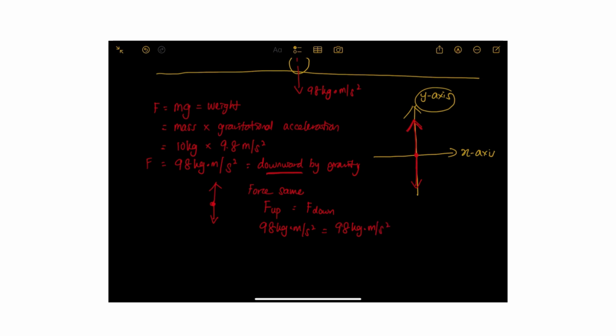So in this case, the ball is not moving in the upward or downward direction. The ball does not fly up, and the ball does not sink to the ground. Why? Because I do not have an external force.